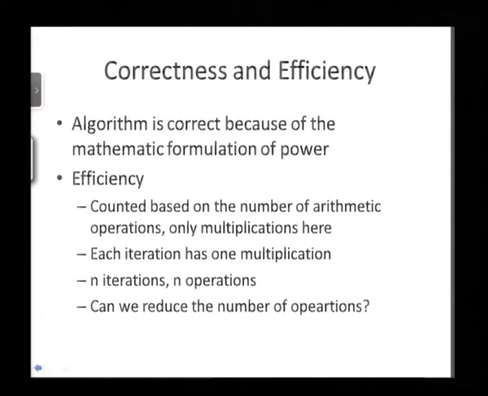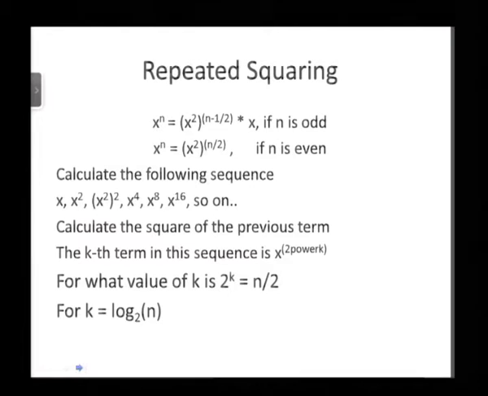Let us address the question as to how to reduce the number of arithmetic operations which are performed in computing the power. So, here is the next approach which is very interesting, and this is a technique that you can use even to compute the higher powers of matrices, not just numbers.